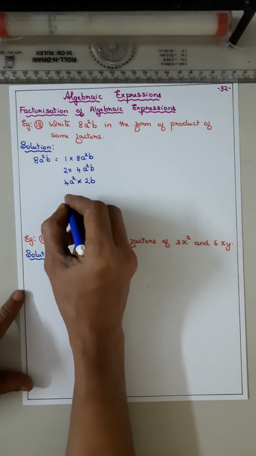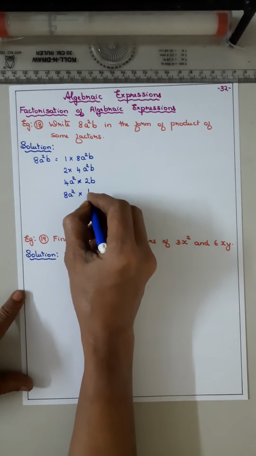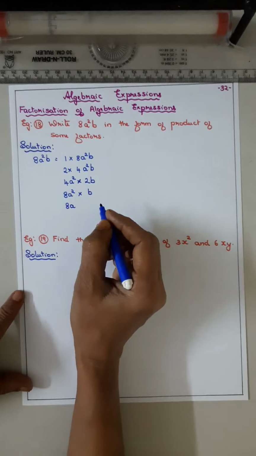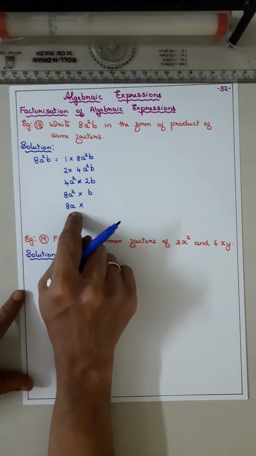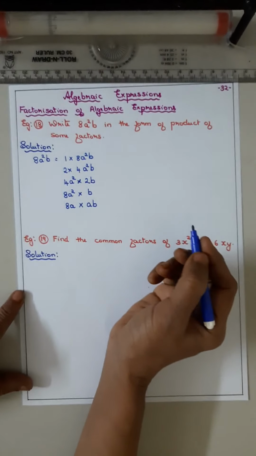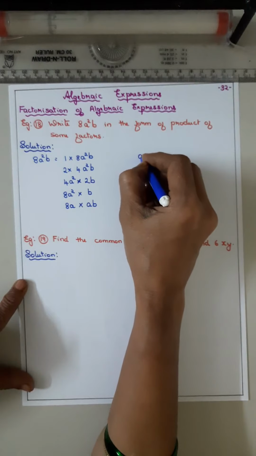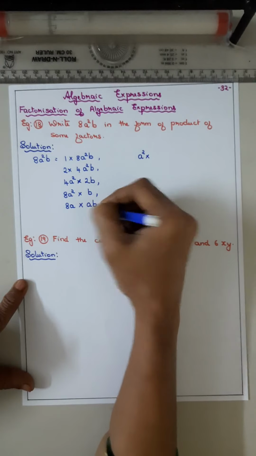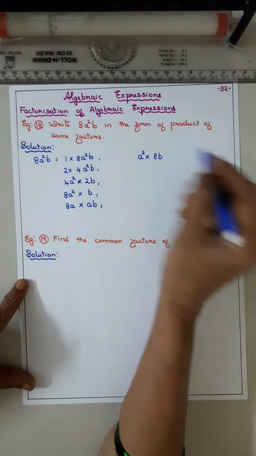Now if we take 8a squared, what is remaining there? b. Now if we take 8a as one factor, which will be the other? Here a squared, 1a is taken, so another a is there and b, isn't it? Okay, in case if we take a squared, then the other will be 8b.